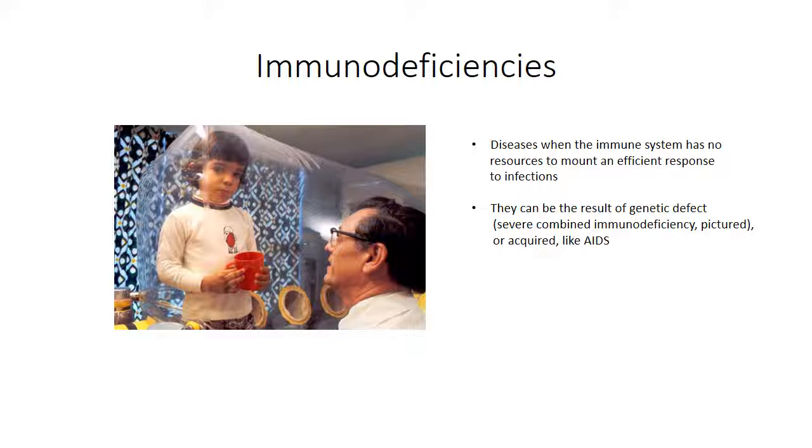Then, immunodeficiencies. Immunodeficiencies are pretty common, actually. They're not rare. They are diseases when the immune system has no resources to mount an efficient response to infections. You see, it's different from autoimmune diseases. In autoimmune diseases, there are resources, but they are targeting the wrong thing.